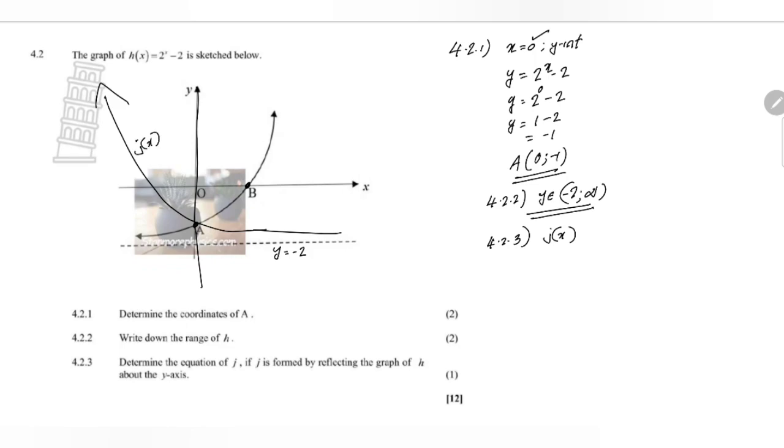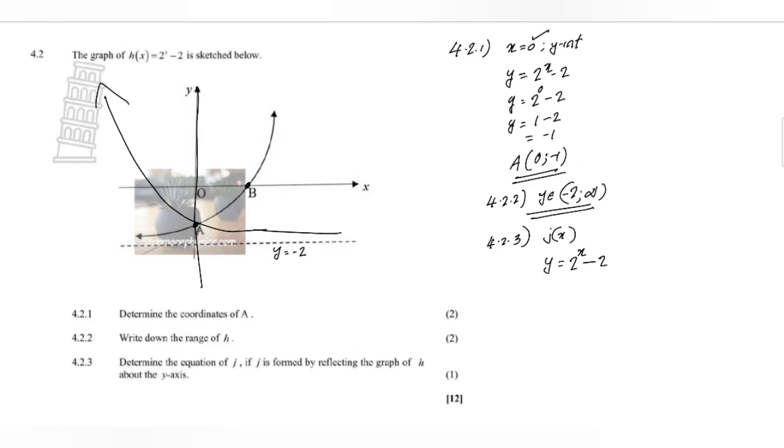Reflection, you know that in grade 10 we are mainly studying reflection about an axis. What you need to do, if you have a main function, you are reflecting h of x, you have to write the graph that you are going to reflect. What is that graph? Y is equal to 2 to the power x. That is our h of x. And this one is reflecting about one of the axes.